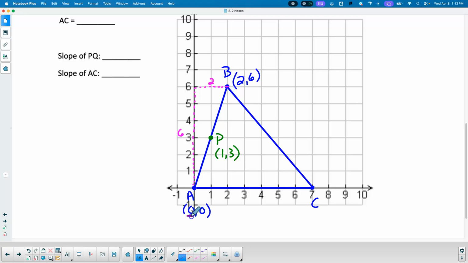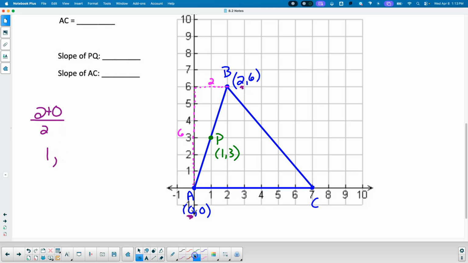If I take this x value from one of these points and the other x value from that point, I go 2 plus 0, and I divide that by 2. 2 plus 0 is 2, divided by 2 is 1.